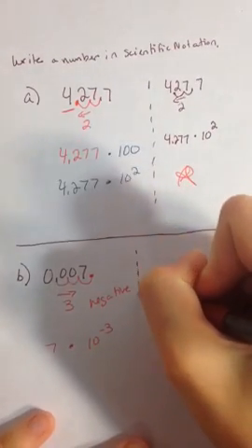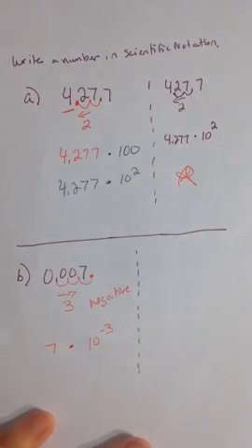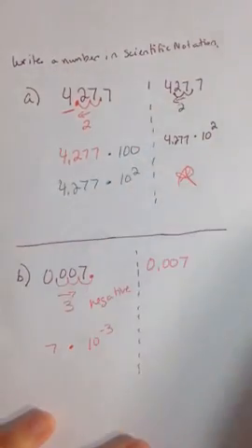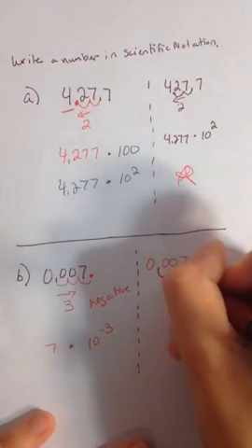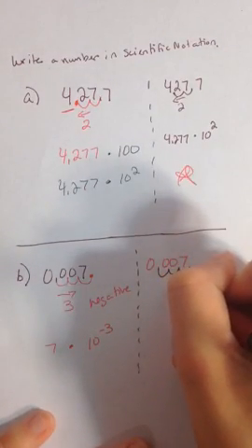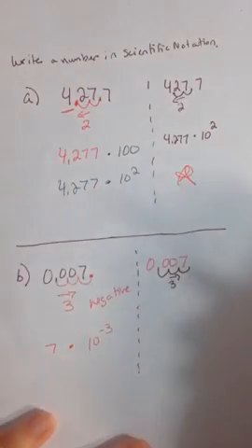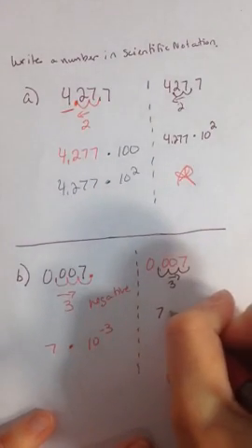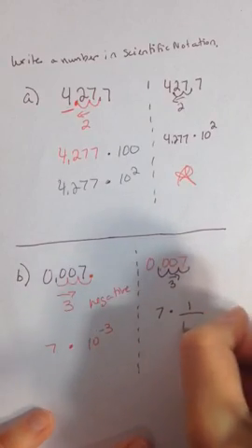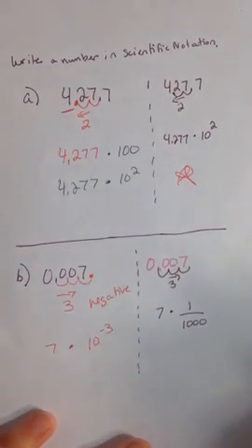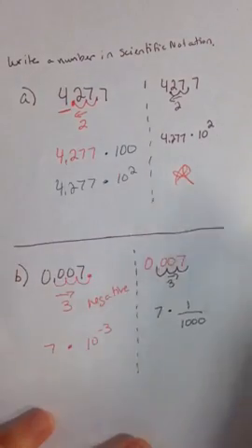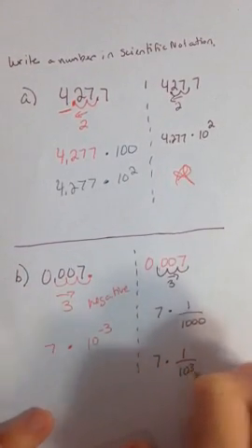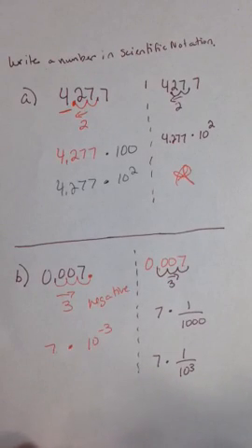Again, that might be a little more complicated for you. So if you like it the first way from before, I'm still moving it 3 decimal places this direction. But then I can think of that as really, if I start with 7, I would really have to divide that by 1,000 to get that place value, because this was in the thousandths place. Well, I know 1,000 is really 10 times 10 times 10, which is 10 cubed.